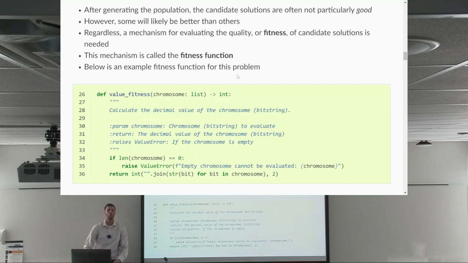So the mechanism we use to evaluate the fitness of a chromosome, a candidate solution, is what we call the fitness function. It doesn't have to be a function, but some way to measure the fitness. So the fitness is a measurement of a chromosome's goodness at solving the problem; a fitness function measures the chromosome's fitness.